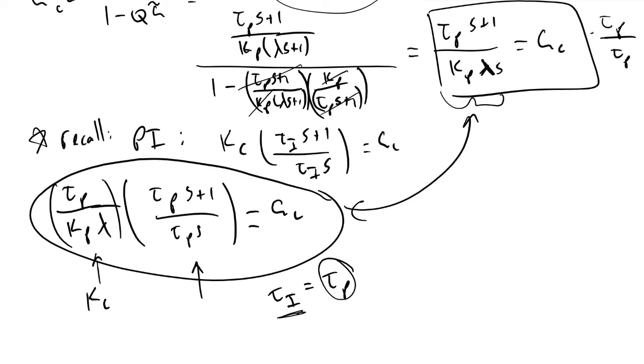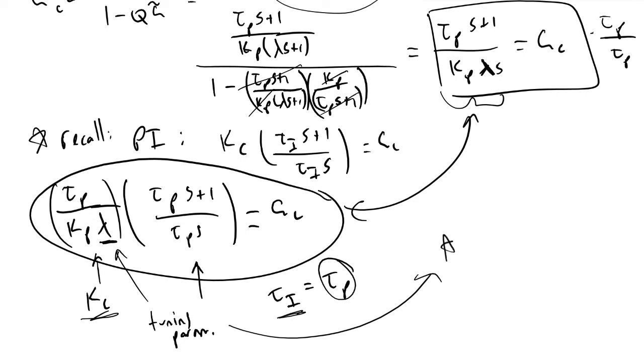And in addition to that, we recognize what Kc is equal to, so the gain of our controller will be equivalent to tau p over Kp times this lambda. This lambda is a tuning parameter. And where the art comes in engineering is figuring out how to trade off between performance and robustness. We want to favor one over the other in a given situation.